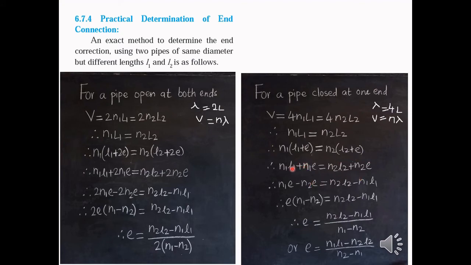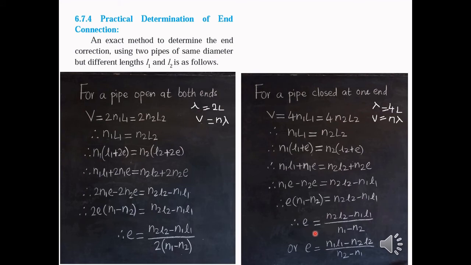Solving this, we get N1 L1 plus N1 E is equal to N2 L2 plus N2 E. Taking this term to LHS and this term to RHS, we get N1 E minus N2 E is equal to N2 L2 minus N1 L1. Take E common here. We get E into bracket N1 minus N2, which is equal to N2 L2 minus N1 L1.